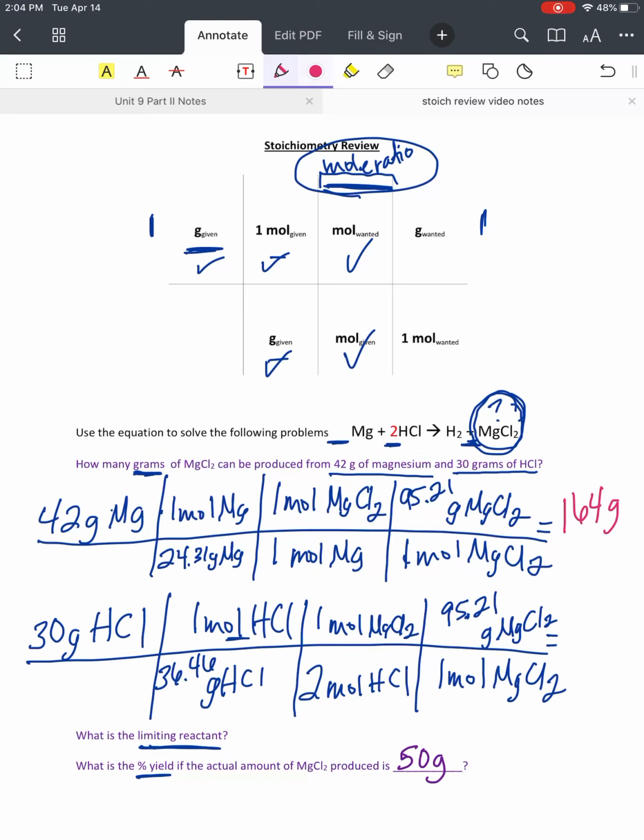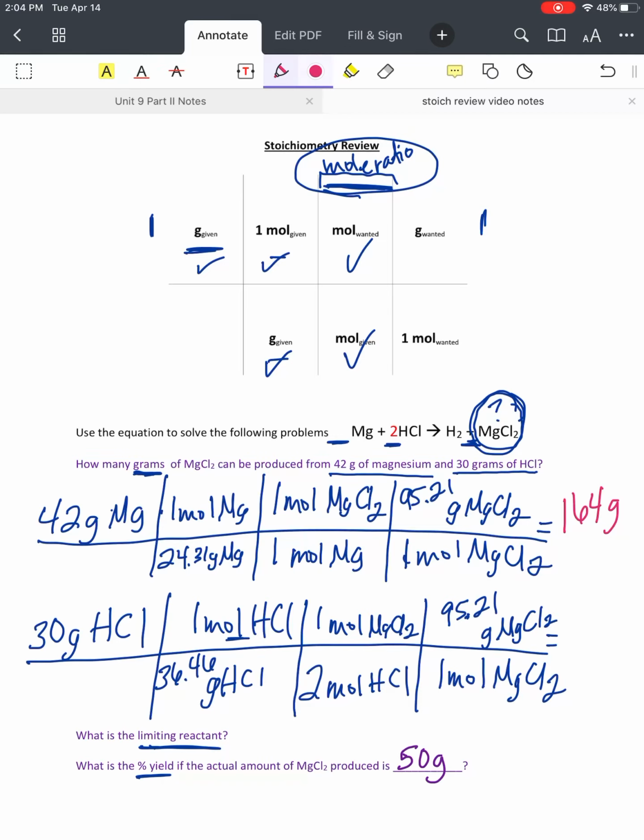Okay, so now let's do my HCl. If I started with 30 times 95.21, multiply everything on the top, divide by the bottom, so divide by 36.46 and divide by 2, and I end up with... sorry, my calculator did something weird.